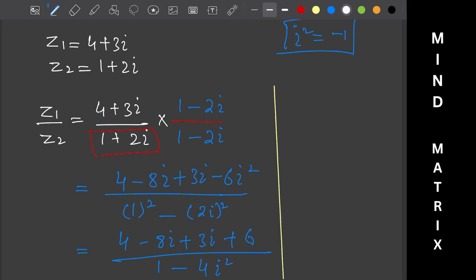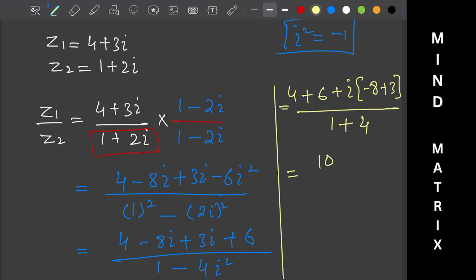So now we have 4 plus 6, plus iota, taking iota common, minus 8 plus 3, divided by 1 plus 4.